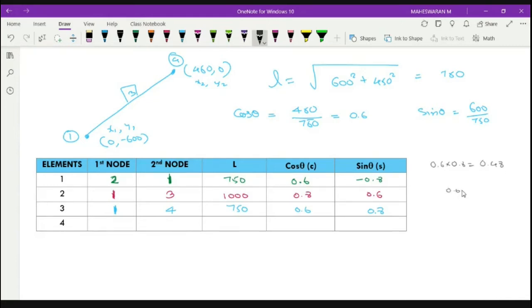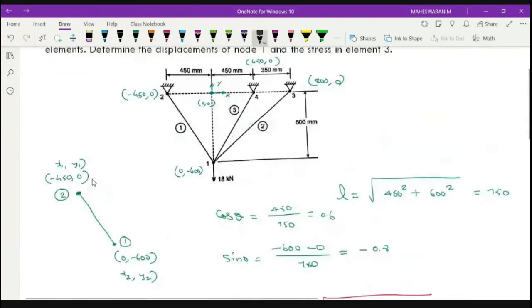And 0.6 square is 0.36, and 0.8 square is 0.64. Right? So you can directly substitute. You don't have a fourth node, so that is not applicable. So only these 3 elements. We identified all these 3 elements. Now we'll proceed with finding out my values.